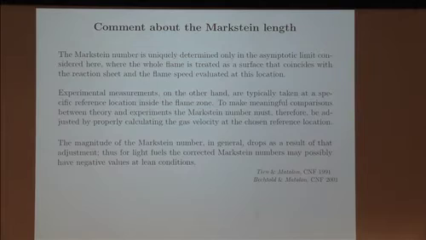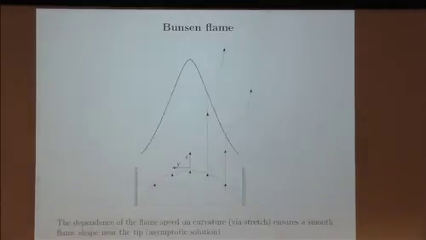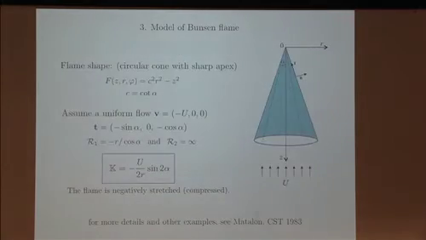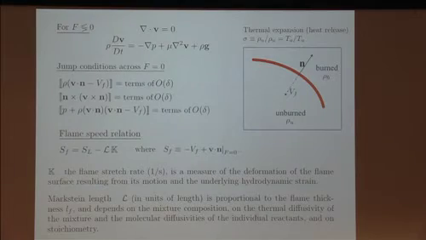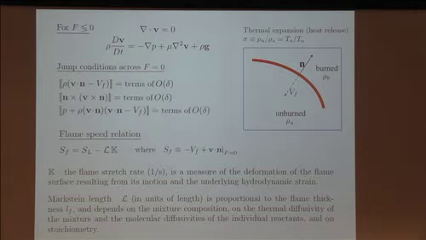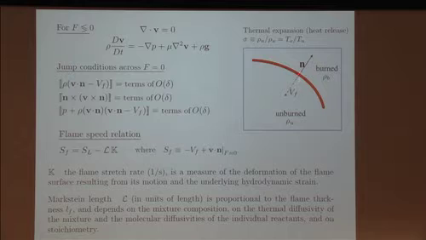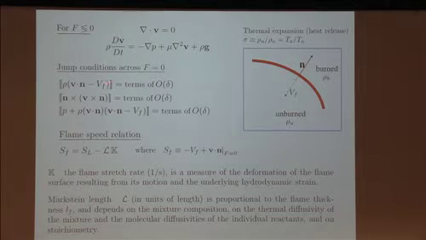Well, remember that when you account for flame thickness not zero, namely if you account for effects which are of order delta, the mass flux in is not equal to the mass flux out, and there is a difference between them. So the velocities, if you relate the flame speed relative to the unburned or to the burned gas, there is a difference that comes from this order delta term.